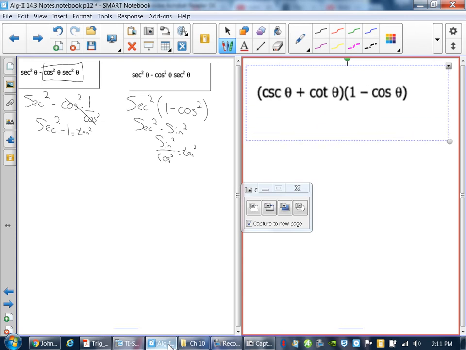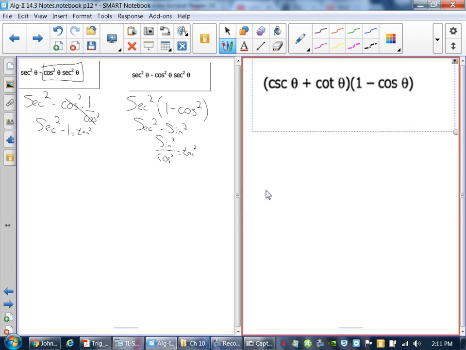Number 11, right off the bat, there's really not a whole lot you can do. It's forcing you to try to FOIL that. Okay? You could try and rewrite the first one in terms of common denominators and do that route, because then you'll get a Pythagorean identity to multiply in.